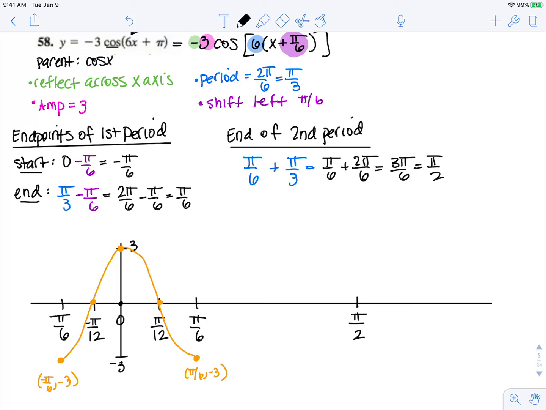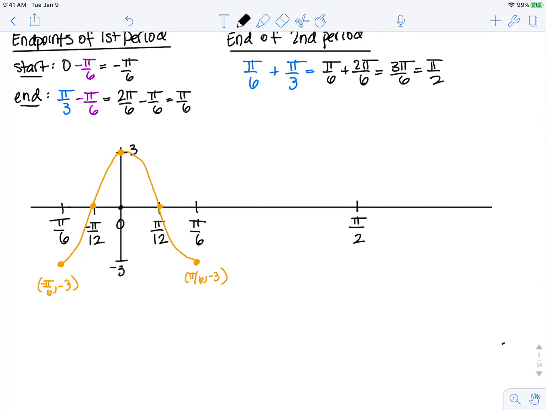Now I need to split these into halves. Now we can find my first midpoint here. So that midpoint I get by doing pi over 6 plus pi over 2 divided by 2, which is going to be, what is that? 4 pi over 6 over 2, which is 4 pi over 12, pi over 3.